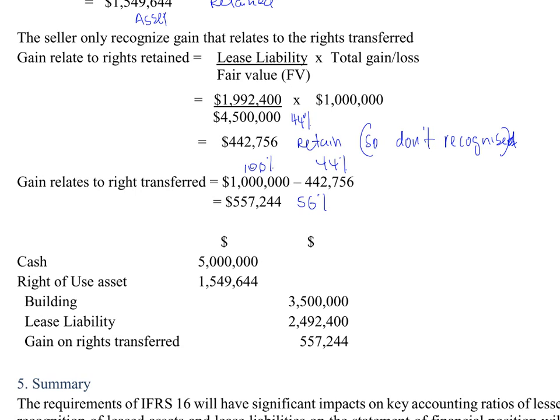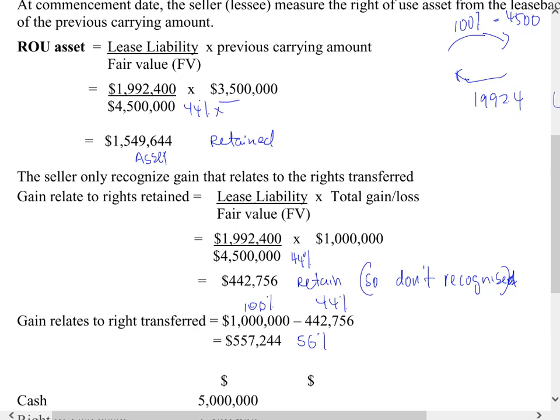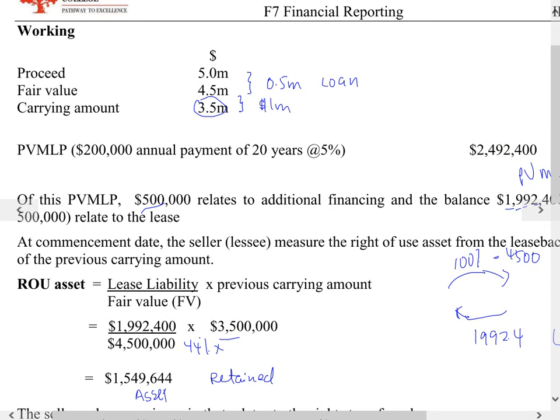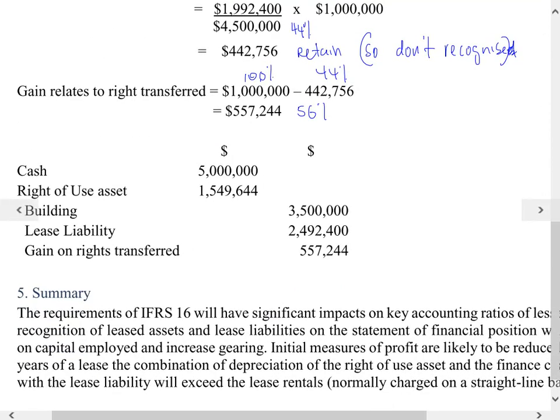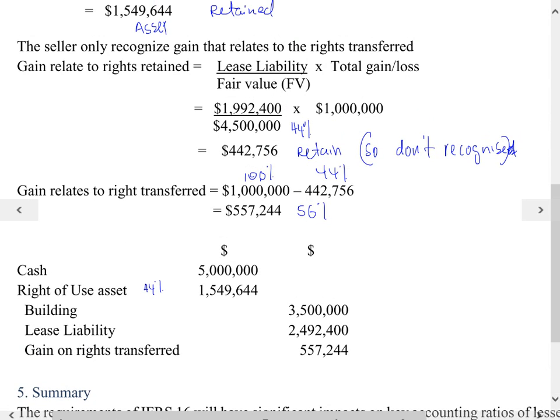So when you look at the formula on the double journal entry, I received 5 million, the proceeds received here. And I recognize back the 44% asset, 1549 here.